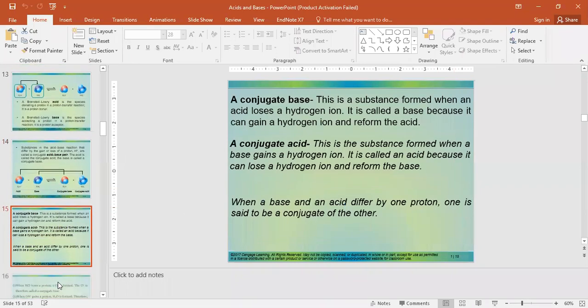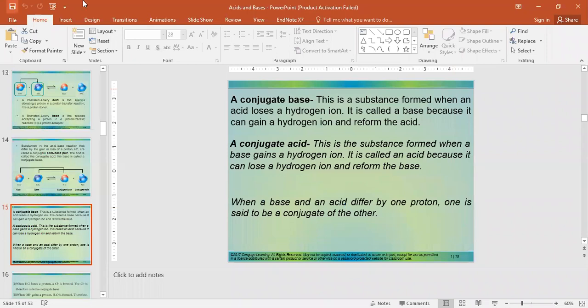So if we were to give formal definitions of what a conjugate base and a conjugate acid is, we would say a conjugate base is a substance formed when an acid loses a hydrogen ion. And we call it a base because it can gain the hydrogen ion and form the acid.